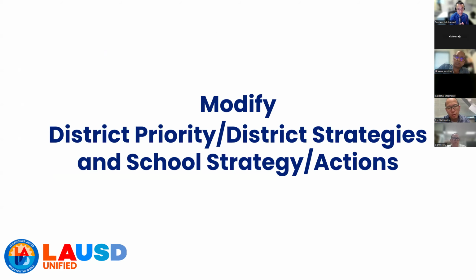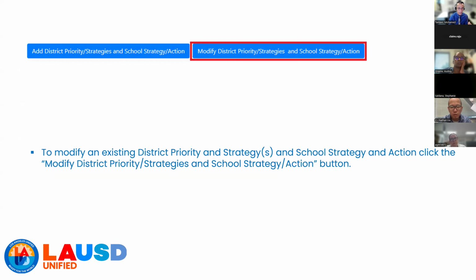Now I'm going to illustrate how to modify existing district priorities and strategies and new school strategies and actions. And by existing, we mean that these are coming from your original SPSA plan that you developed and got approved. So this time, instead of clicking on Add, you're going to click on Modify District Priority Strategies and School Strategy Action because you're modifying an existing one in your plan.